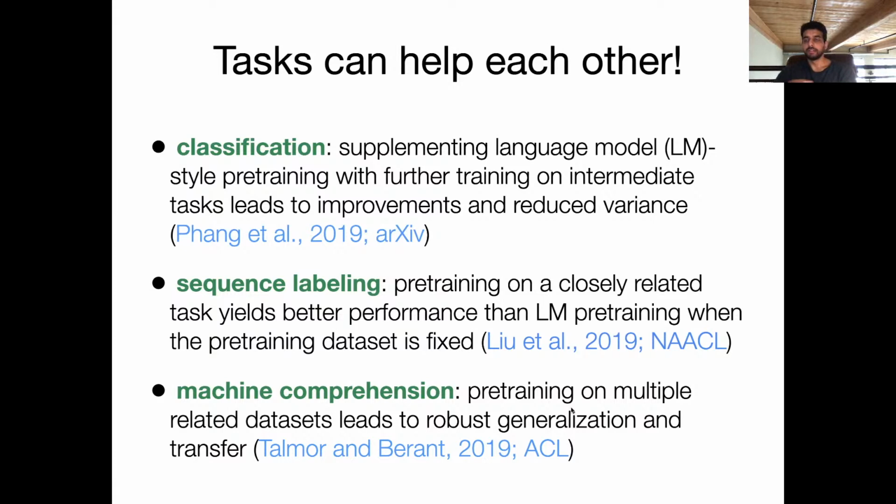And yeah, people have shown that in the QA setting, you can get some boosts when you do intermediate fine-tuning on other QA datasets before fine-tuning on your target one. So these are 3 pieces of evidence that you can leverage other labeled datasets to help out with your current one.